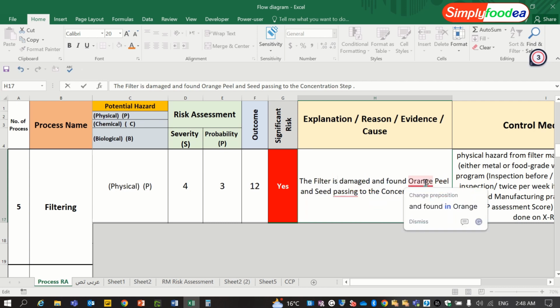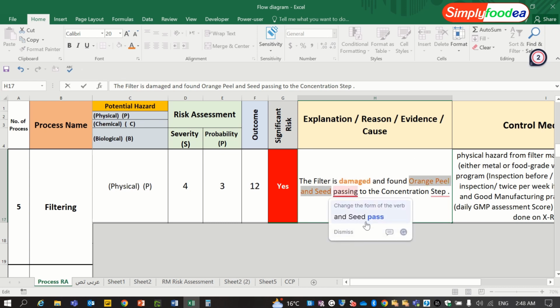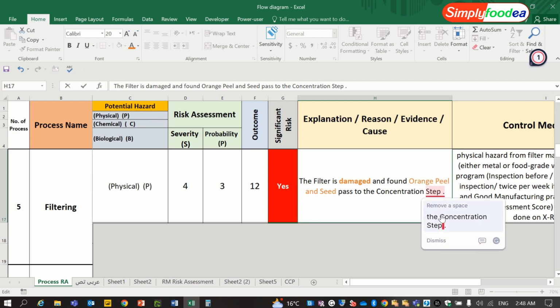So the filter is damaged and found, so there is a risk from the filter itself, and found orange peel and seed, which is passed to the concentration step.